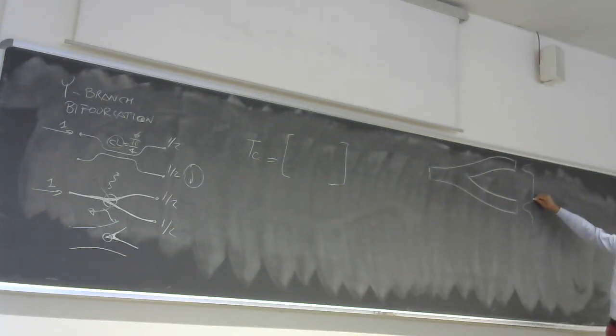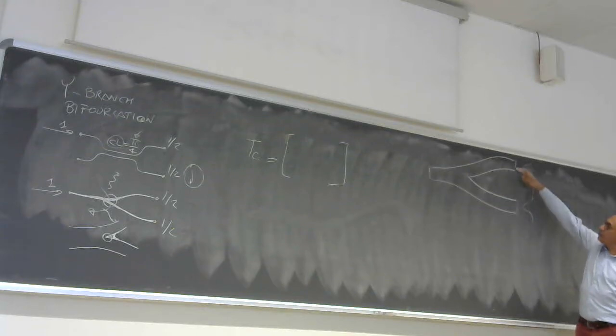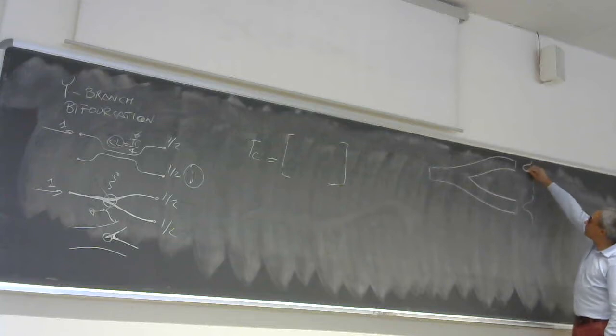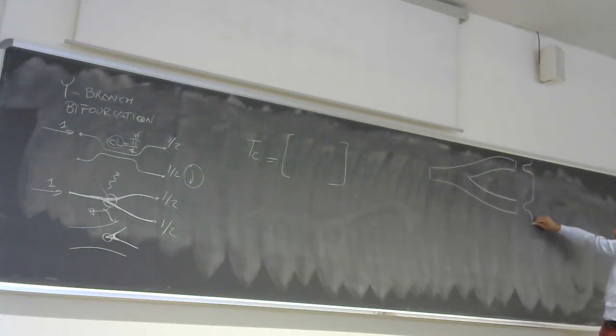What is this? This can be seen as a directional coupler with a very large gap. So here the waveguides are not coupled, but you see that the two modes can be seen as the symmetric mode of the directional coupler.